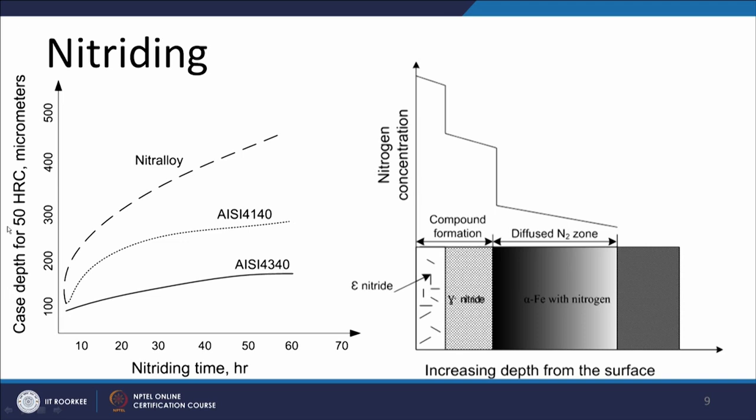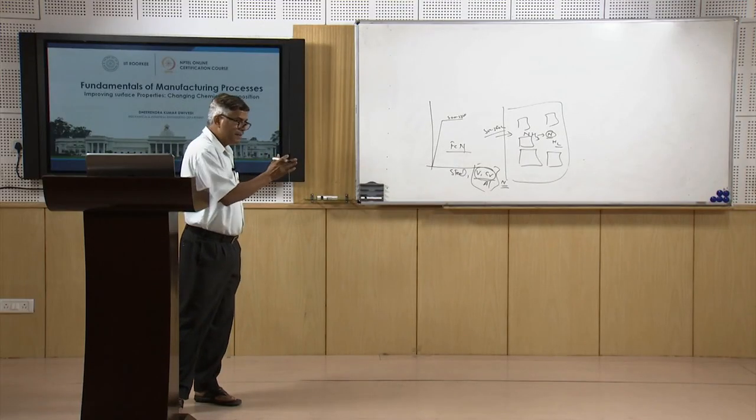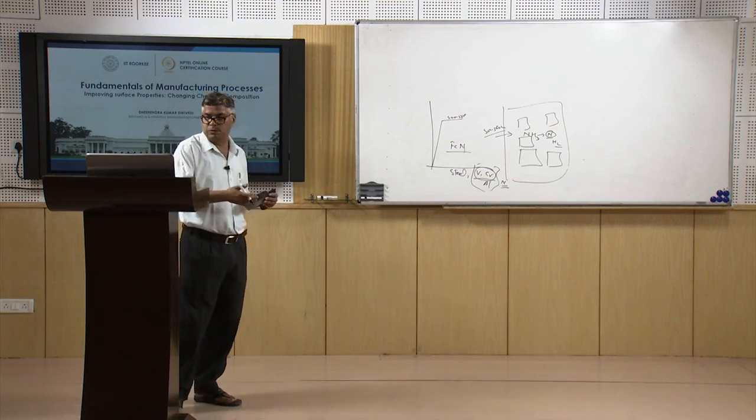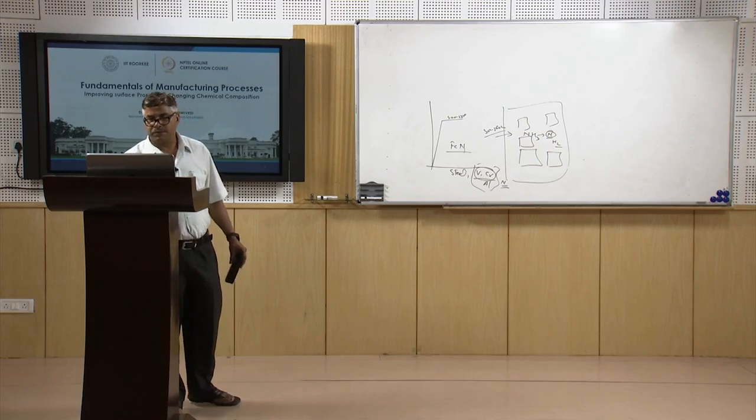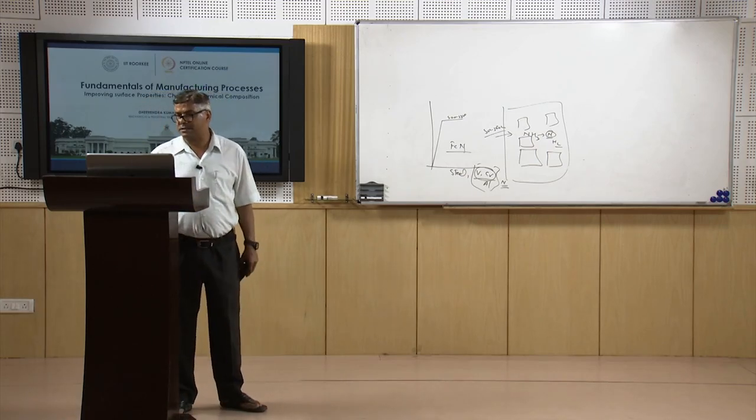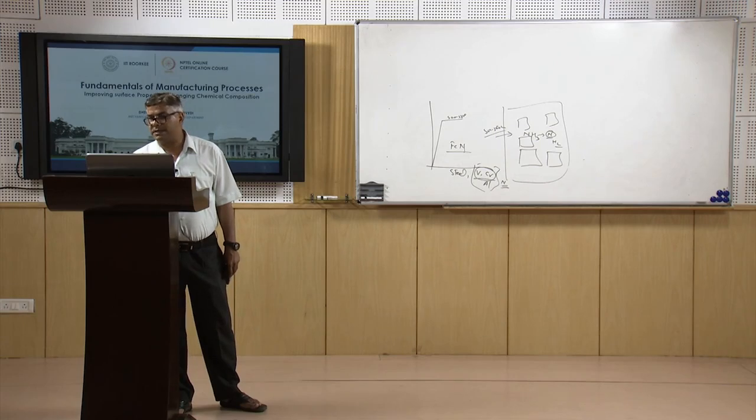So this is the condition that for a minimum hardness of 50 HRC, the depth up to which this much improvement in hardness is achieved increases at a lower rate for steel 4340, while the rate of improvement is much faster for 4140, and much faster for the Nitralloy. The reason for this is attributed to the presence of different elements in different amounts, which have more affinity to nitrogen, and they will form more hard and stable nitrides.